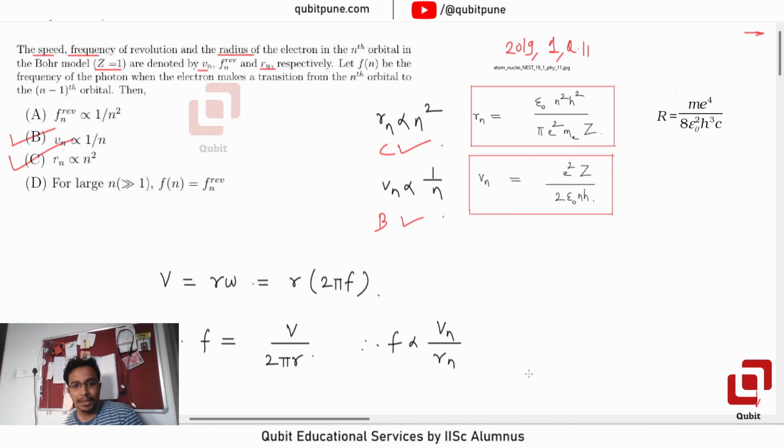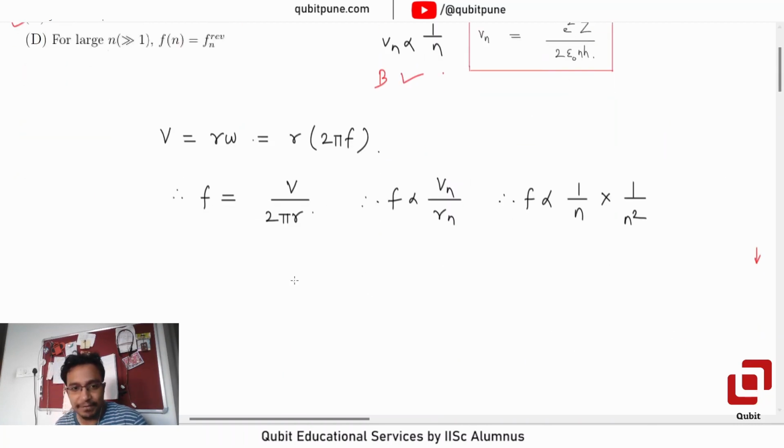Therefore F will be proportional to what? Vn is directly proportional to 1 upon n, and if Rn is proportional to n squared, 1 upon Rn will be proportional to 1 upon n squared. Therefore f rev n, frequency of revolution, is directly proportional to 1 upon n cubed.